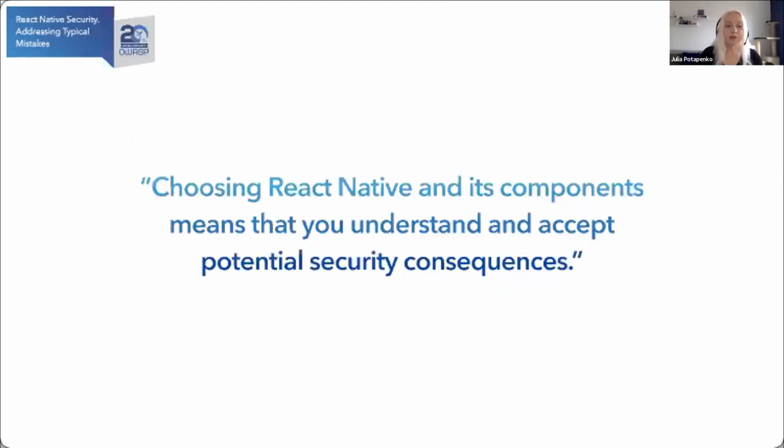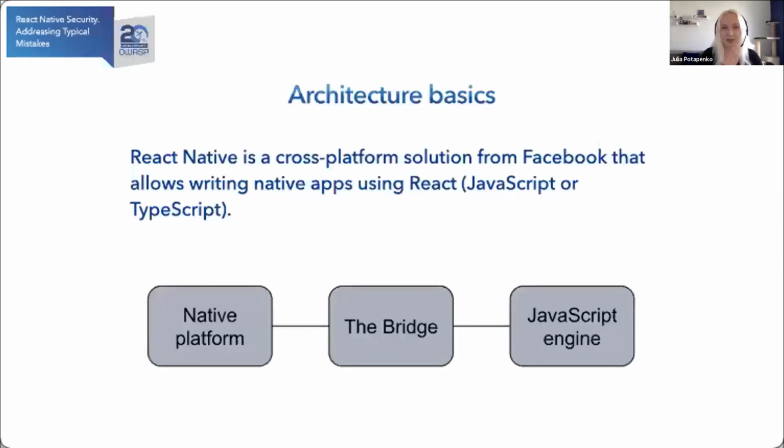And I would like to start with this phrase that choosing React Native and its components means that you understand and accept potential security consequences. To understand what it means, let's take a look at the architecture of the React Native apps. It's just a general overview. React Native is a cross-platform solution from Facebook that allows writing applications using React, JavaScript, and you can also use TypeScript.